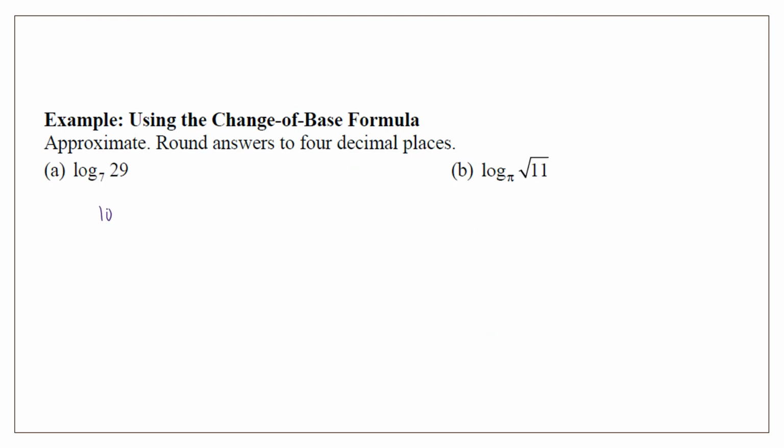Here we have log base 7 of 29, and I'm going to show you both log and natural log so that you have it in your notes. If we do common log first, we have log 29 divided by log 7, and we enter that into our calculator. Or we can do natural log 29 over natural log 7.